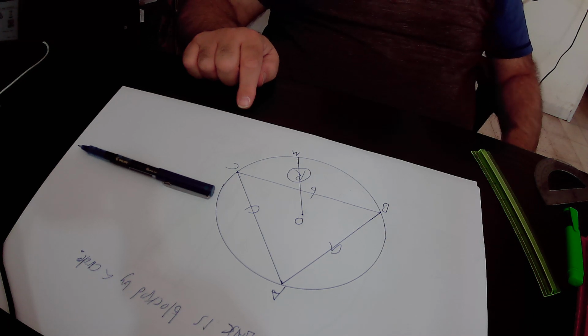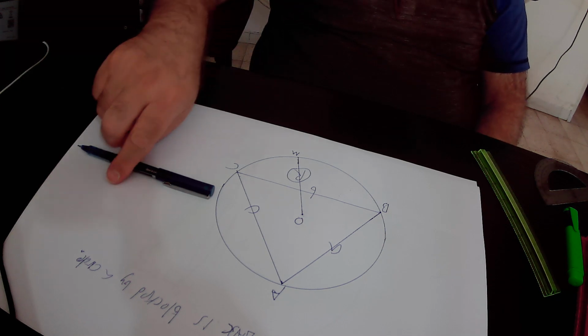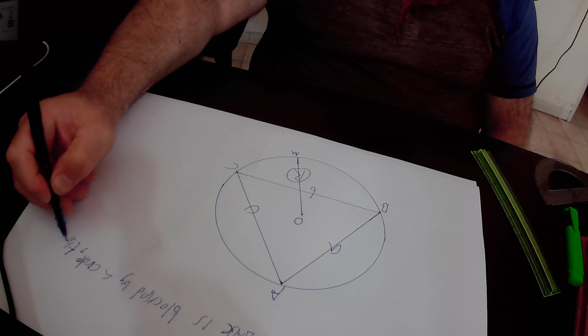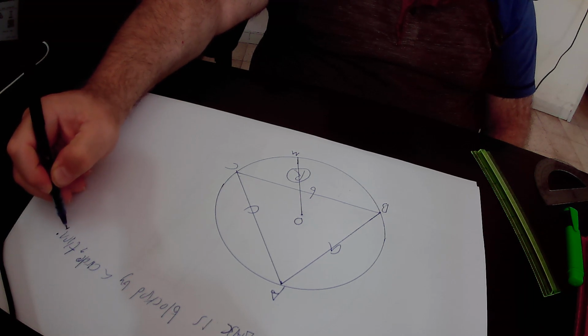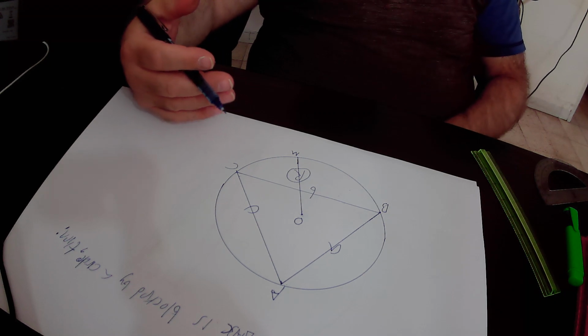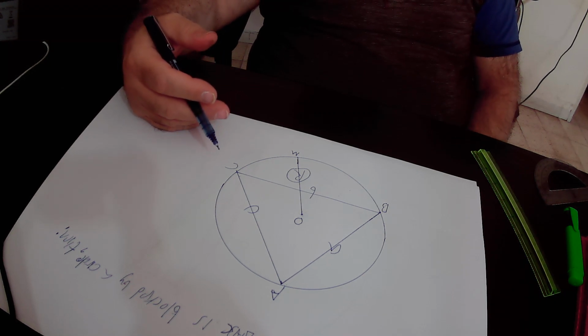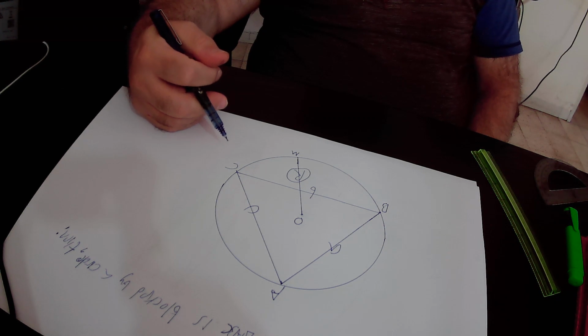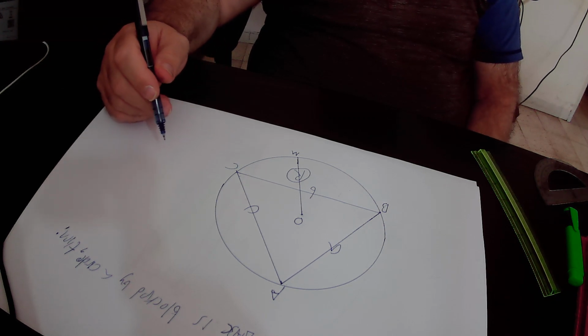So only if all three vertices are touching the circle, you can say that the triangle is blocked by a circle. If a triangle is blocked by a circle, then the following equation will be true. Then you can find the radius of this circle only by knowing the side lengths of the triangle and the area of the triangle.